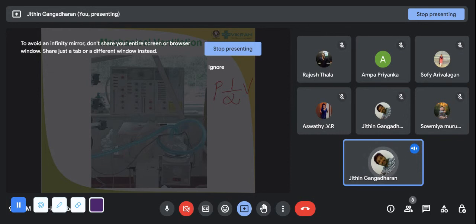See, negative pressure ventilator means when a patient is lying down like this, a ventilator will be connected on the body, on the chest, the thoracic area of the patient, and a pressure will be given to this area. Then what happens?